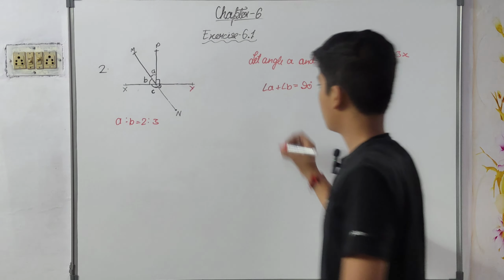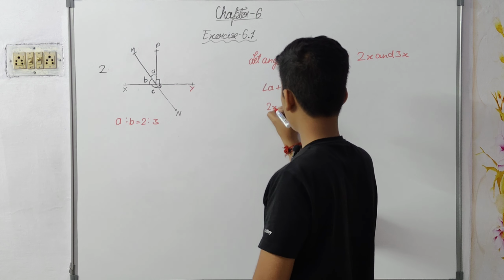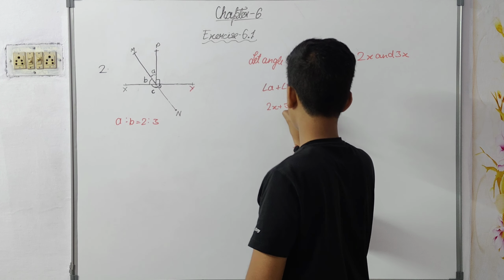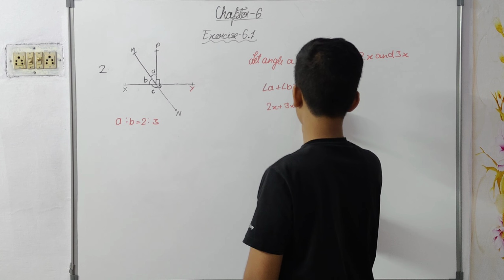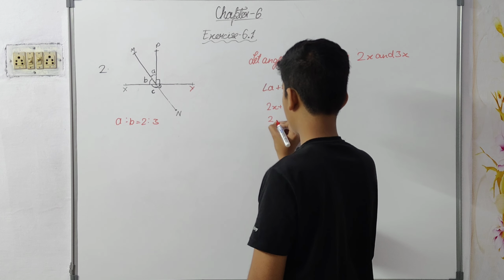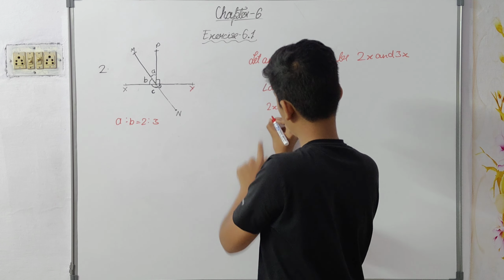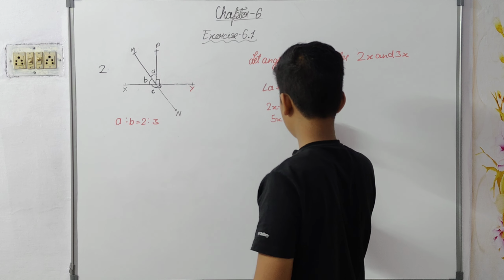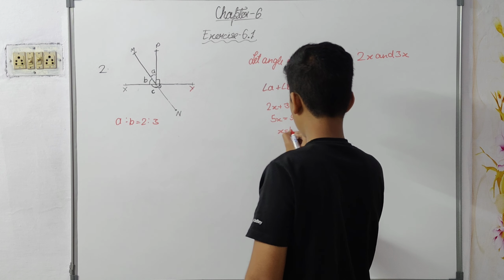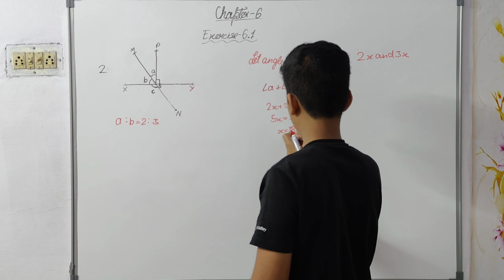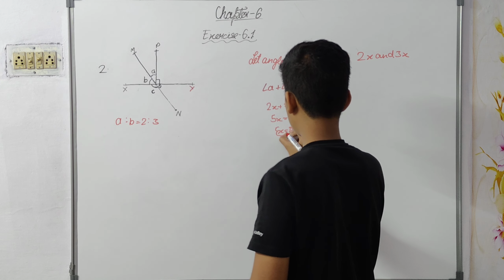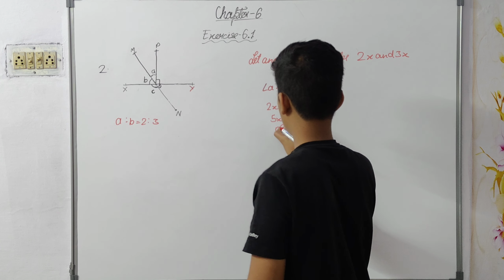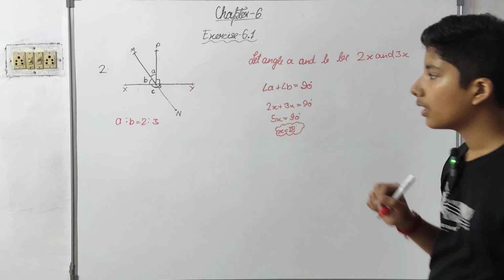Okay. So now 2x plus 3x equals 90 degrees. 5x equals 90 degrees. x equals 18 degrees.